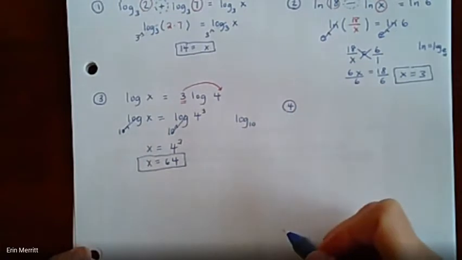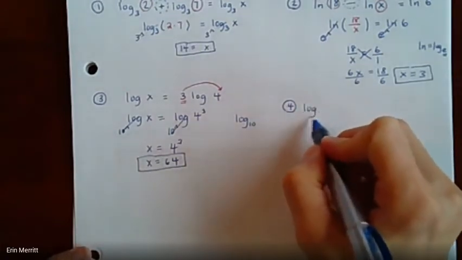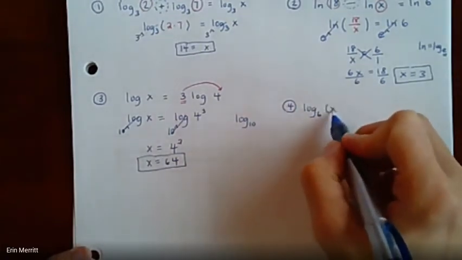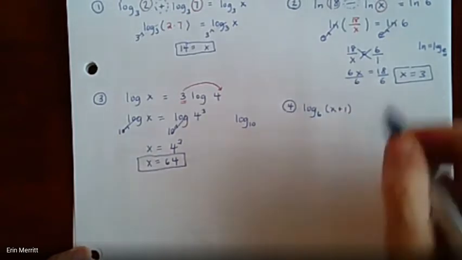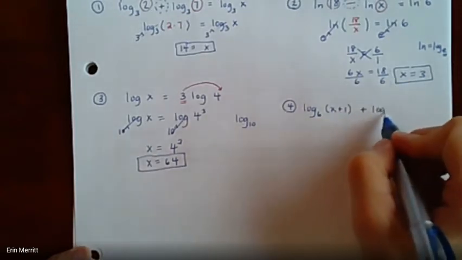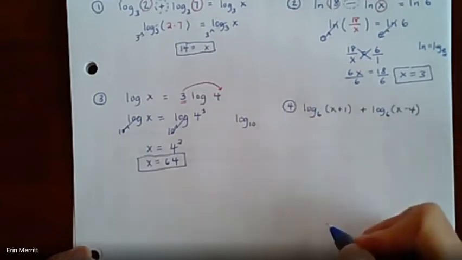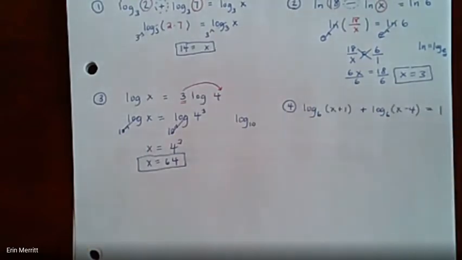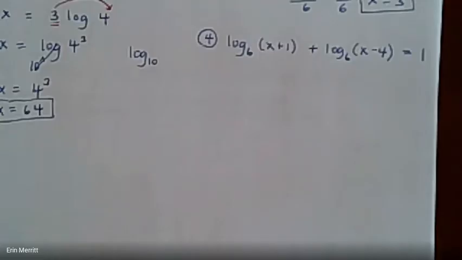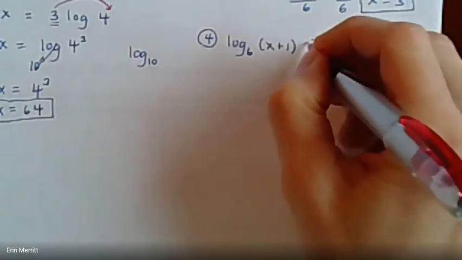The next one I'm going to give you is log base 6 of x plus 1, plus log base 6 of x minus 4, equals 1. Read it just like the first question, in that we're adding 2 logs.